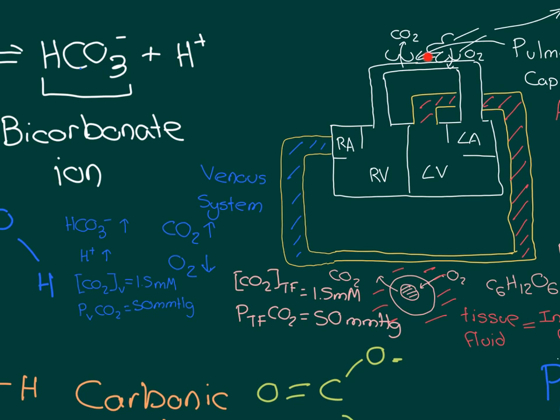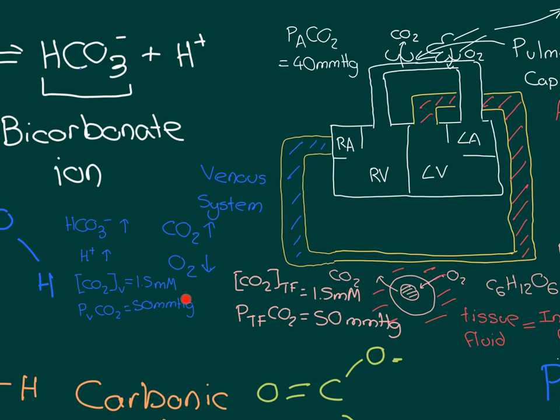So what's going to happen up here? Well, we know the alveolar partial pressure of carbon dioxide, and I'll just write this again up here. Alveolar partial pressure of carbon dioxide is 40 millimeters of mercury, not 50 millimeters of mercury. So what does that mean?